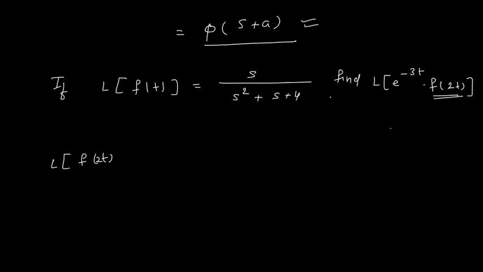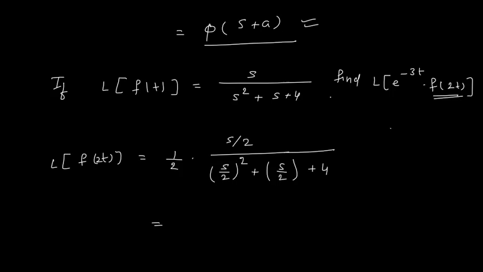So Laplace of f of 2t will be equal to, we are going to use the scale property. By the scale property it is 1 upon a, that is 1 upon 2, into each s replaced by s upon a. So this is s by 2 the whole square plus s by 2 plus 4.